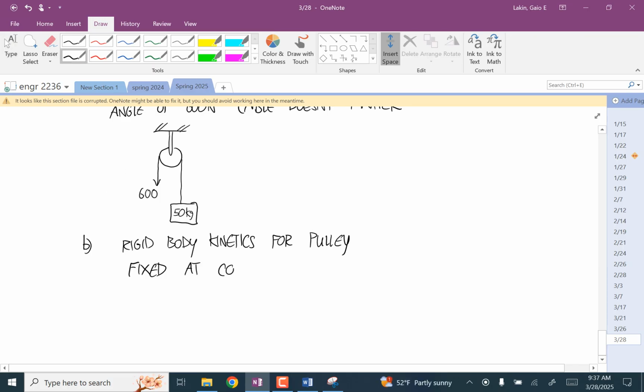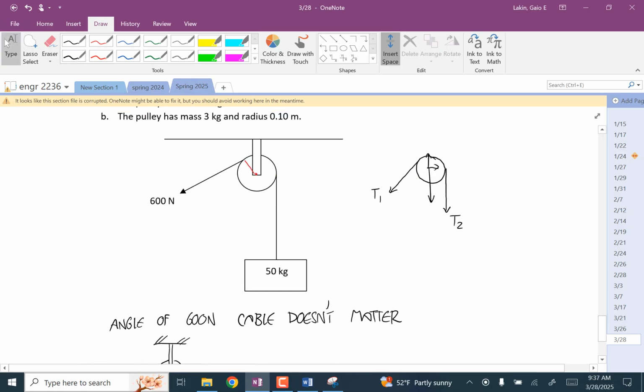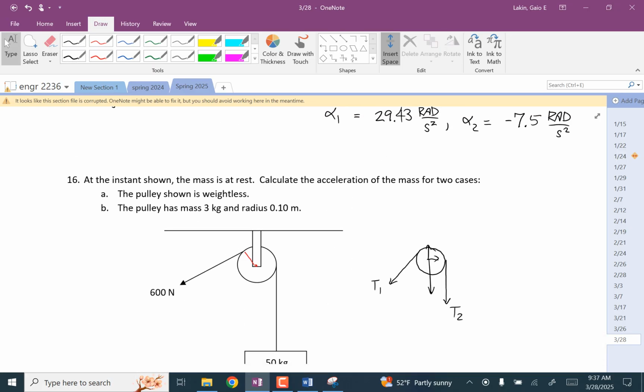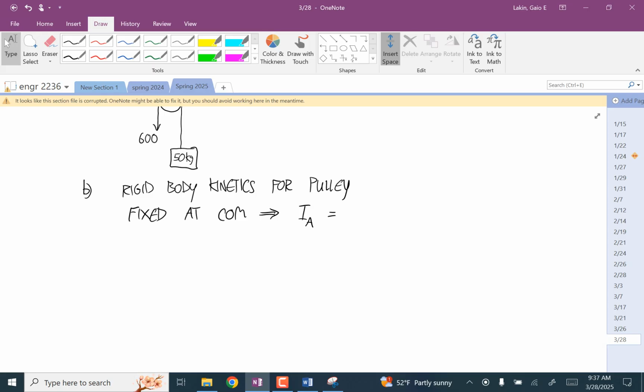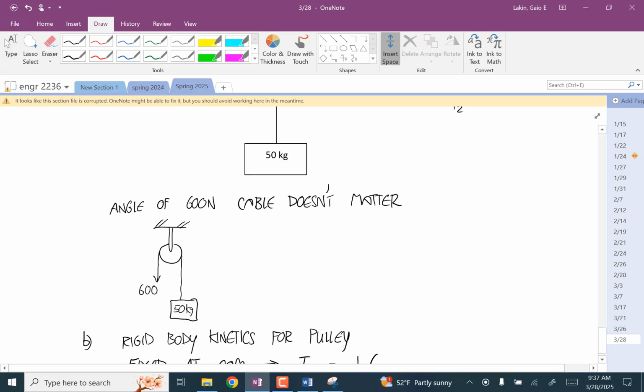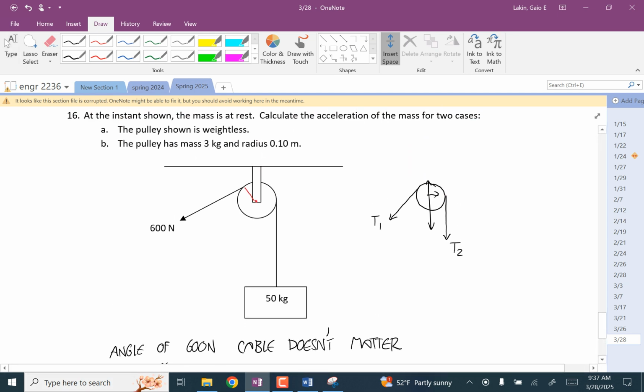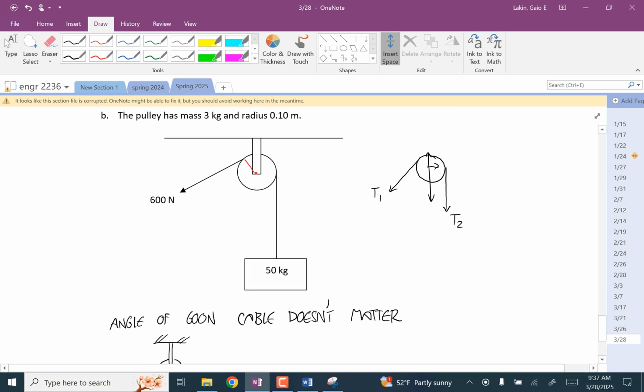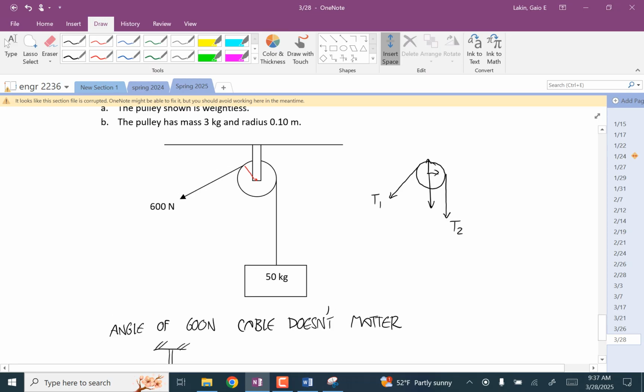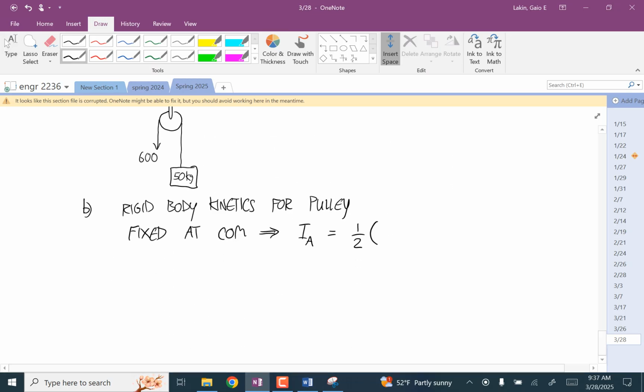So it's fixed at the center of mass, and that says that the moment of inertia is just going to be the moment of inertia of a disk. So that's 1/2 times the mass of the pulley. That's a huge pulley, Jesus. 3 kilograms with a radius of 0.1.